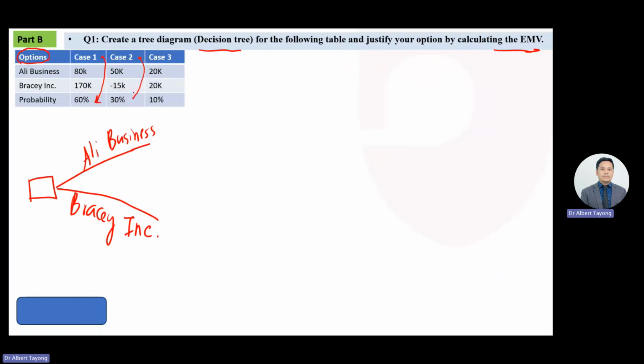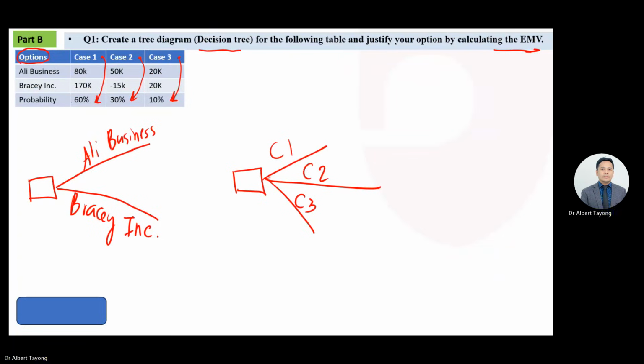As you can see here, our probabilities are 60%, 30%, and 10%. You cannot put this one after the box. If you're going to do it like this, for example, then you write here case 1, case 2, case 3, then everything will be wrong because your starting point is wrong. You are not supposed to put the probabilities after the square or after the box. It should be after the circles. Should be after here.